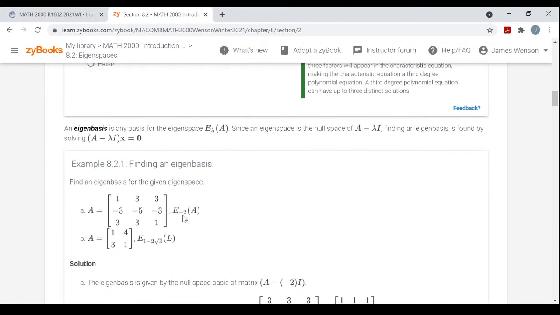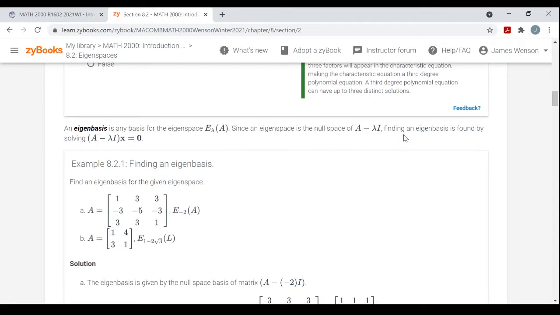Okay, and then an eigenbasis is any basis for the eigenspace of A corresponding to lambda. And remember, this eigenspace is just the null space of A minus lambda I. So if you can find a basis for that null space, you'll also have found a basis for this eigenspace. Same thing.